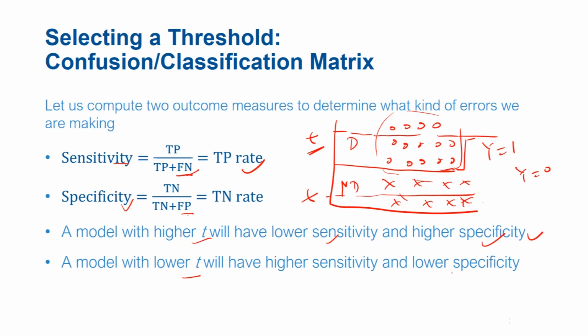However, at the same time, if we talk about specificity, there is a chance that some of the non-defaulter cases may be classified as defaulters. That means a high false positive number, and therefore your specificity will be low. So if your tau or thresholding t value is low, then you may score high on sensitivity but low on specificity. So depending upon your selection of tau, your sensitivity and specificity measures will vary.